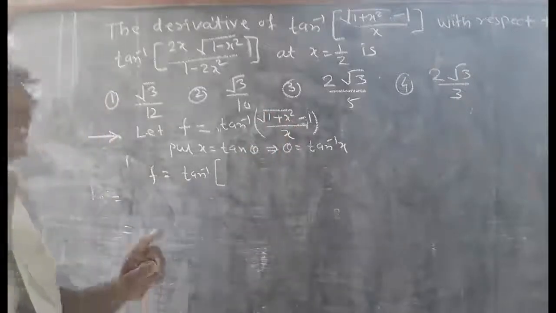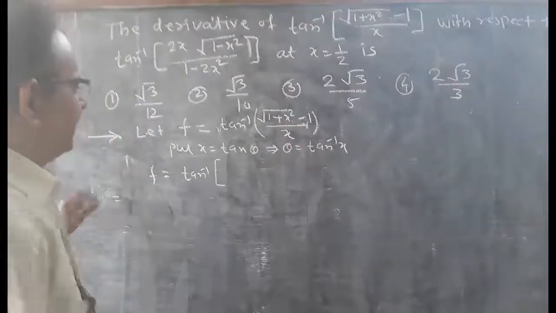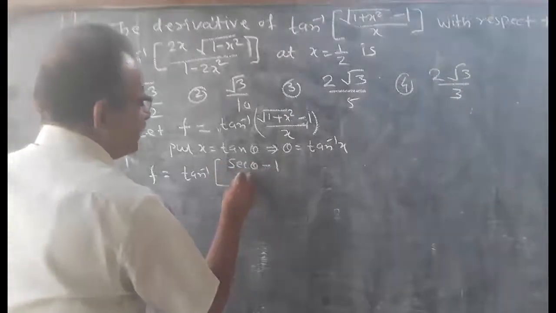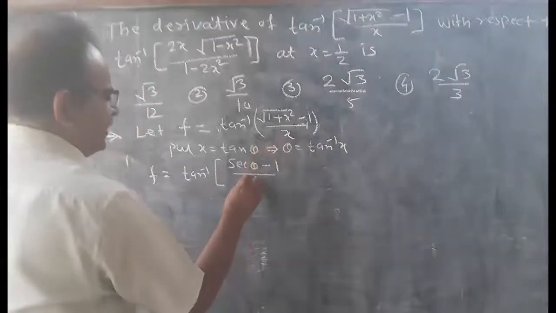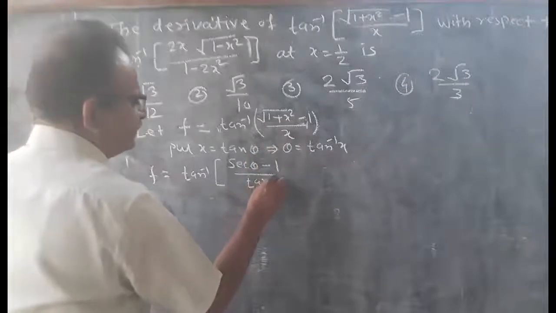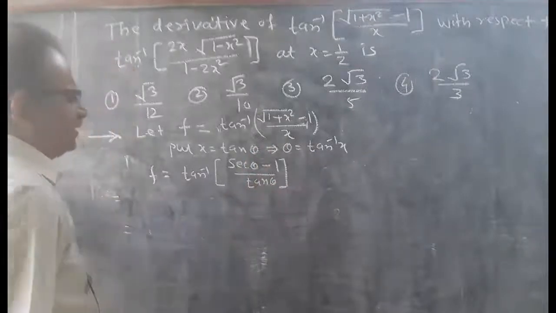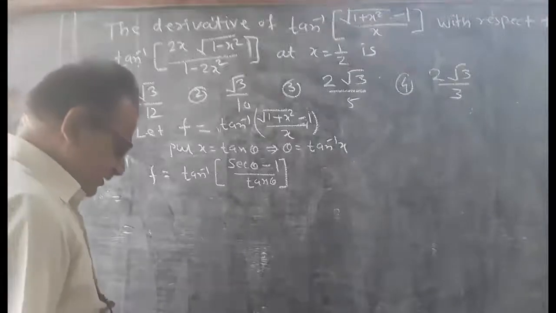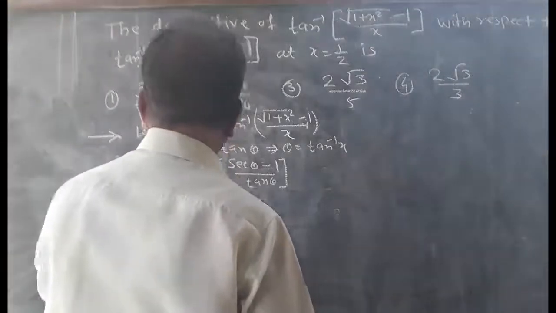1 plus tan square theta is sec square theta, and root of that is sec theta, minus 1 divided by x, that is nothing but tan theta. Sec theta minus 1 divided by tan theta. Sec theta is nothing but 1 by cos theta.